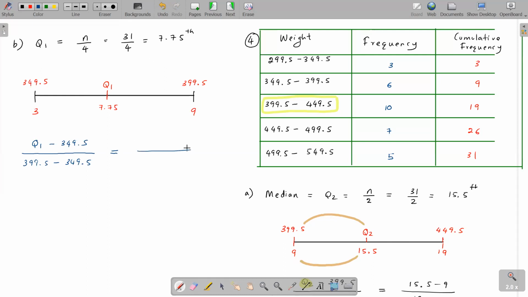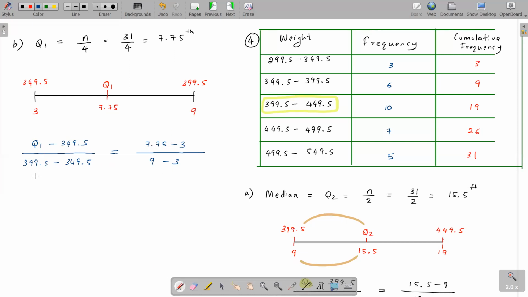What do you get here? 7.75 minus 3, over 9 minus 3. So I'm equating the ratios on either side.